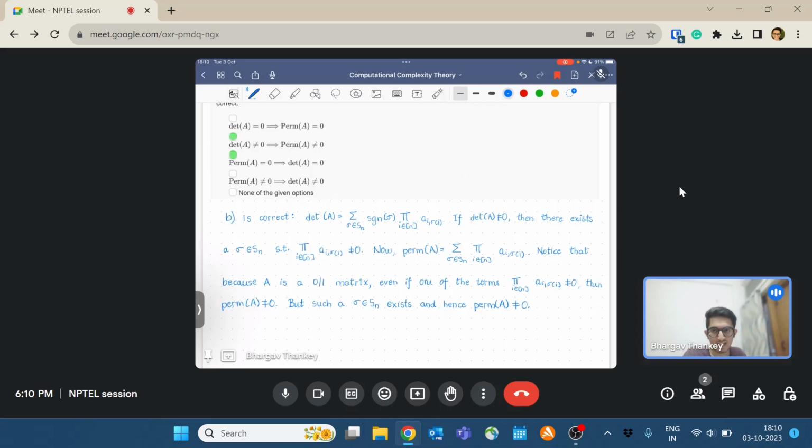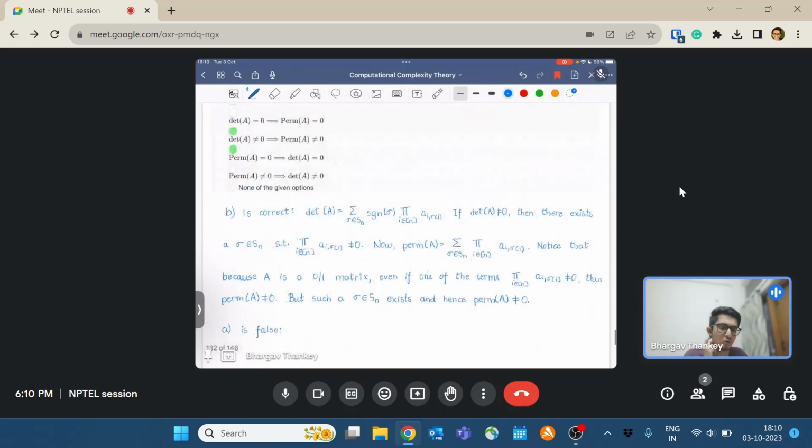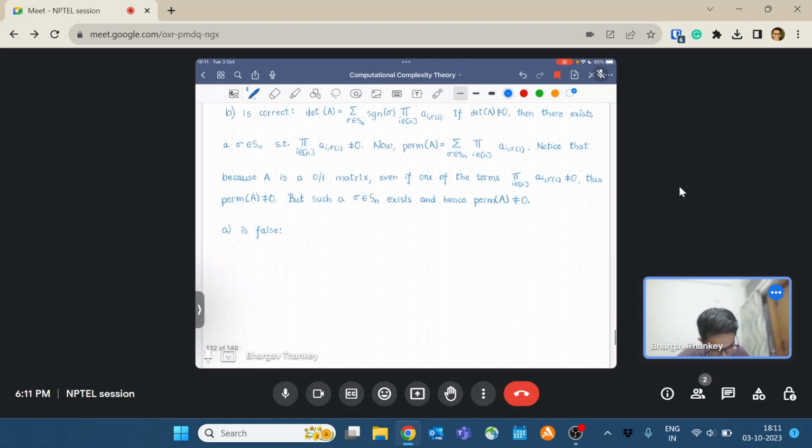Notice that options A and D are contrapositives of one another, so it's enough to show that one of them is false. So let's show that A is false. To prove that A is false, all we need to do is construct a 0, 1 matrix such that the determinant is 0, but the permanent is not 0, right? And here's one such matrix.